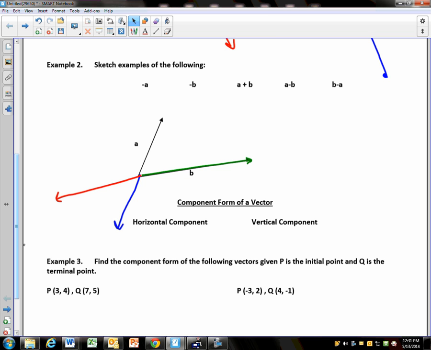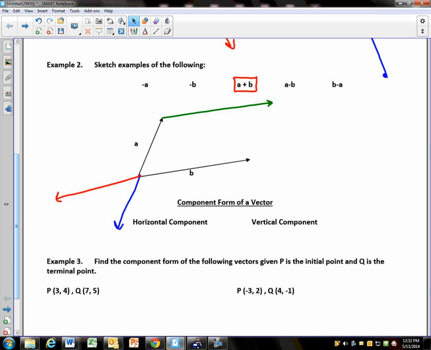Right now I want to show A plus B. And here's how you draw that. You start with vector A, which is right here. And when you get to the end of A, you then draw vector B. It goes in the same direction as B would go.